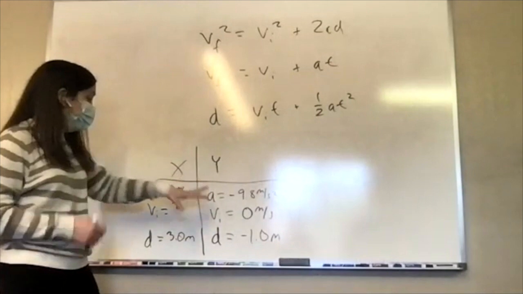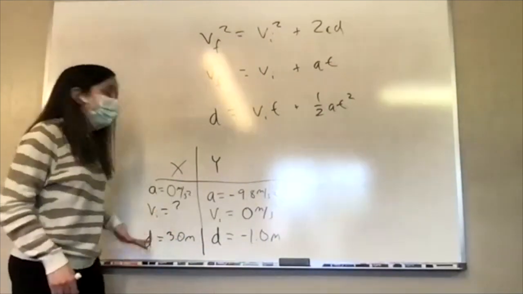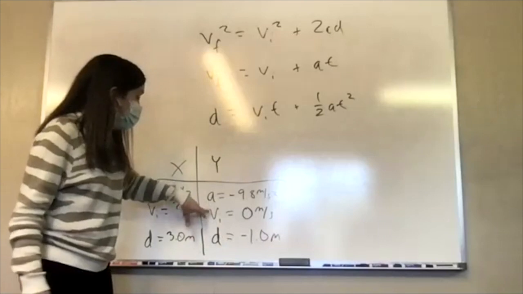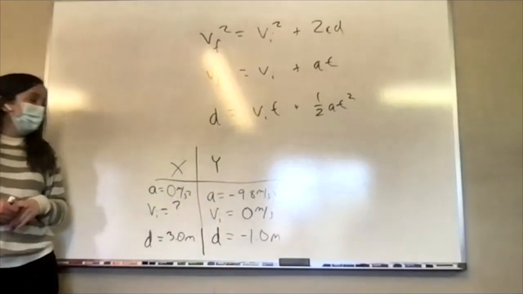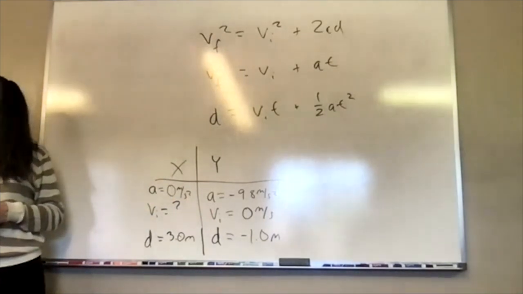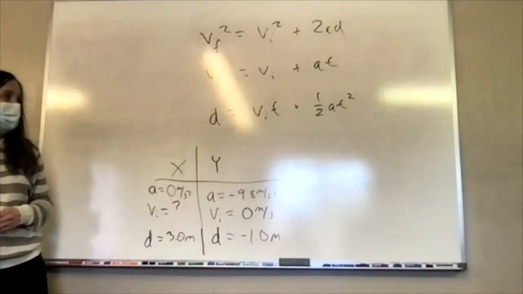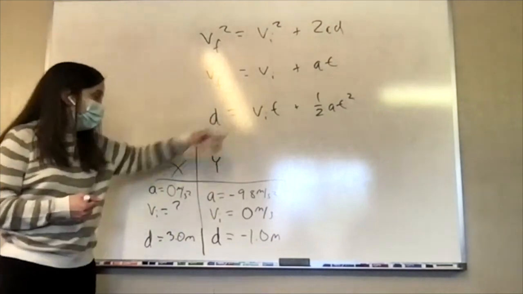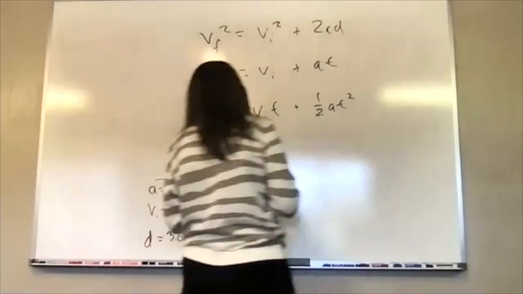So we need to use the y dimension. We can't mix dimensions. So we only can say in 1 dimension. So what equation has these variables along with time? Yeah. Very good. So we use the bottom equation and we can solve for time.